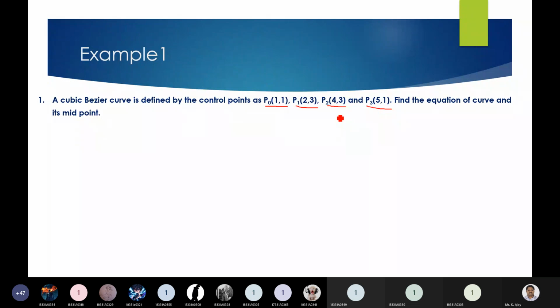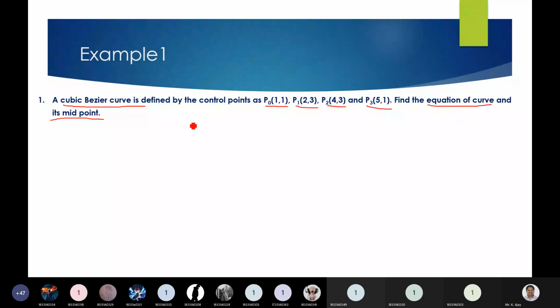This is a coplanar curve, meaning the overall curve lies on the same plane. Now, given 4 control points, you need to develop the cubic Bezier curve, find the equation of the curve, and also its midpoint.